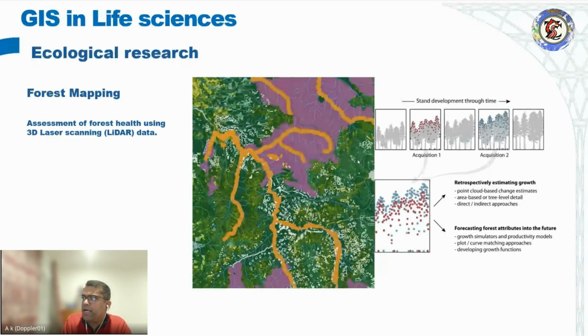They mounted the LiDAR on drones and flew a few times a year, and did the analysis based on the difference in elevation and LiDAR point returns. Then they found out whether the trees are healthy, growing or not growing, or not mature enough, and interpreted a lot of different parameters just by using remotely sensed information.